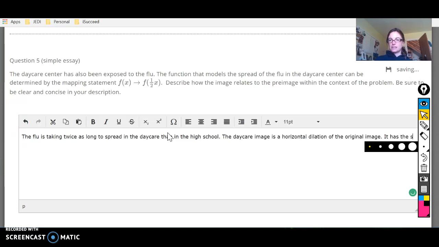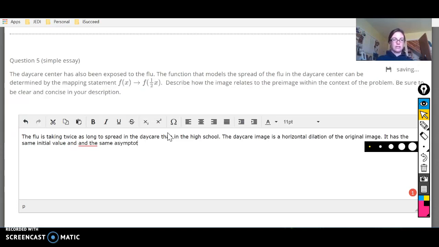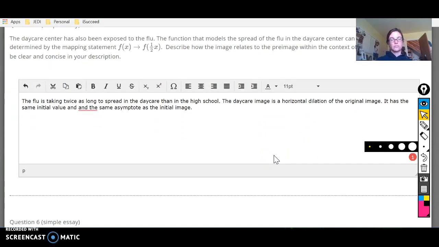It has the same initial value and the same asymptote. Based on the graph there, you can see how those changed.